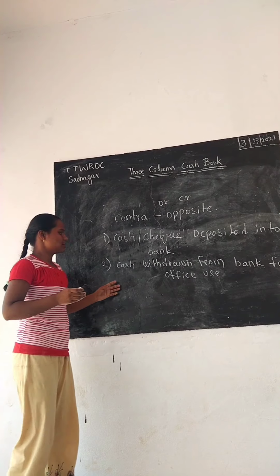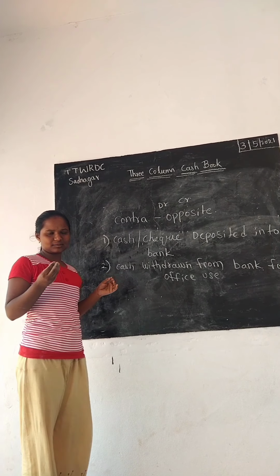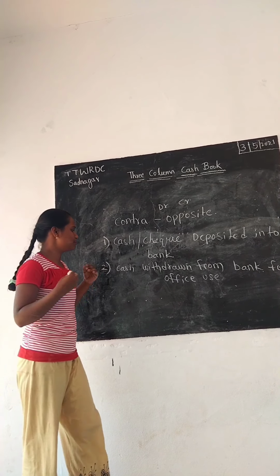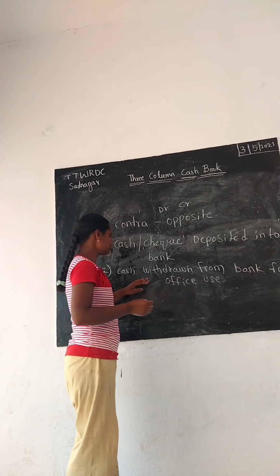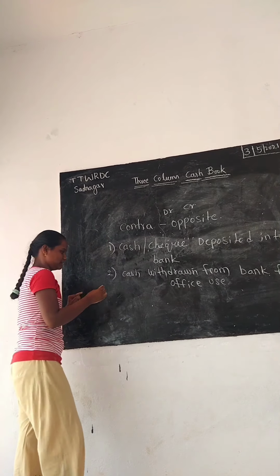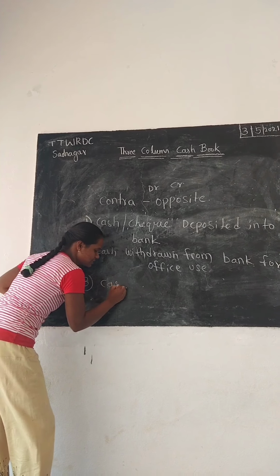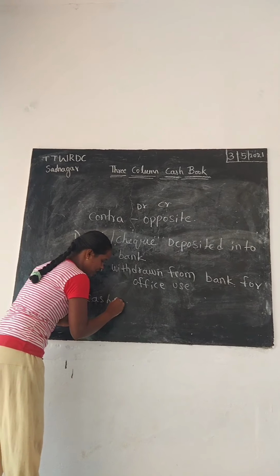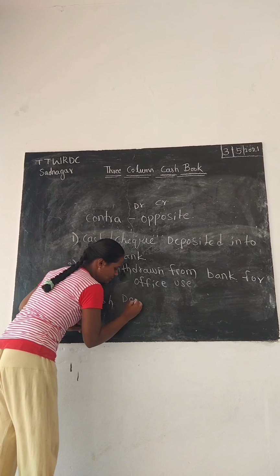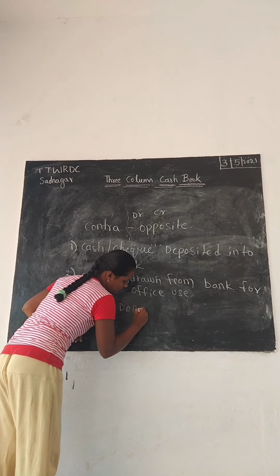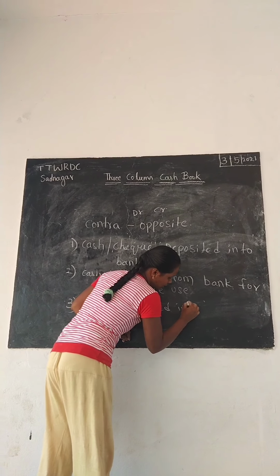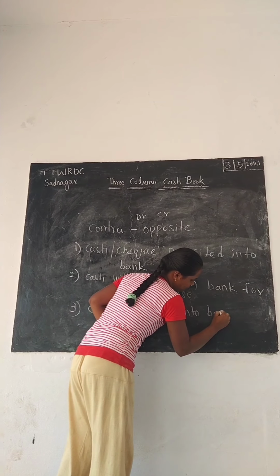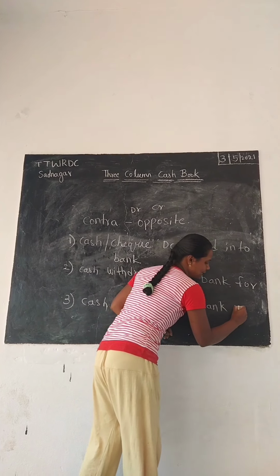We are taking money from the bank for office use, which is also considered a contra entry. And the third one is cheque or cash deposited in the bank on the next day.